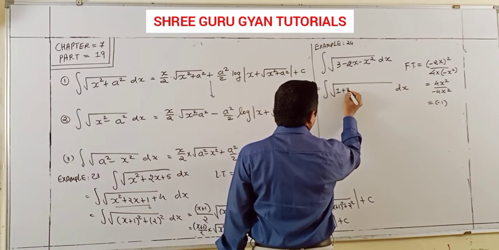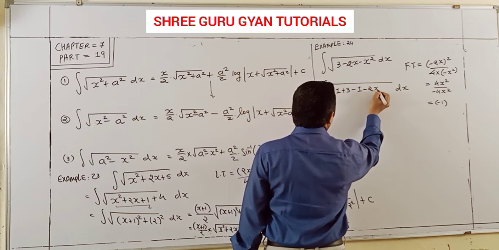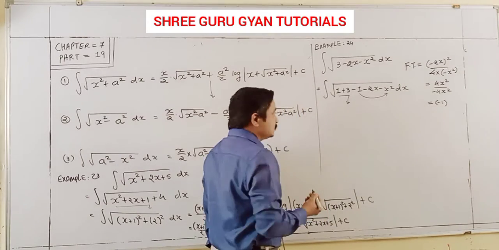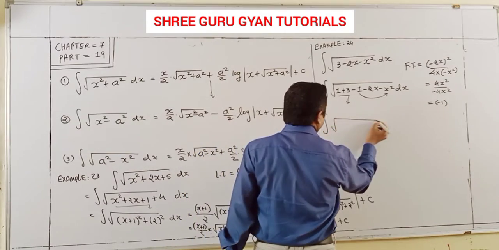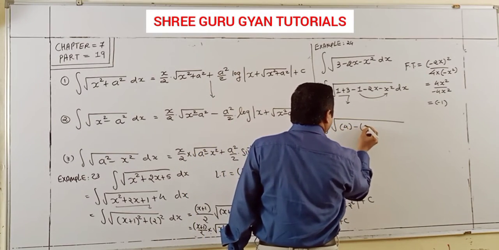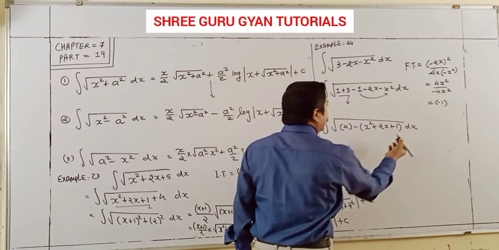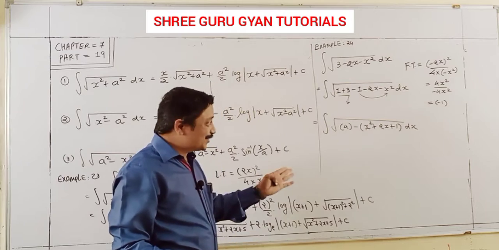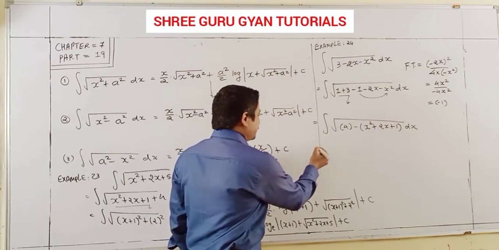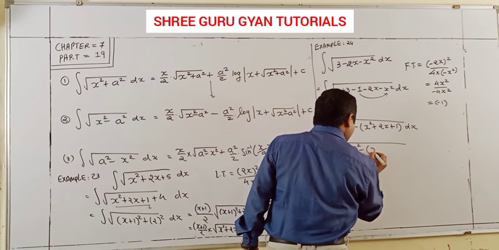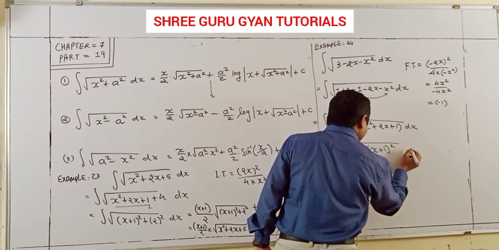So here plus 1, and that minus 1 take out. This 3 is a perfect square and this 2 also. So it gets 4 minus x square plus 2x plus 1, and that also is a perfect square trinomial, students. So my data is here: 2 square minus x plus 1 whole square.